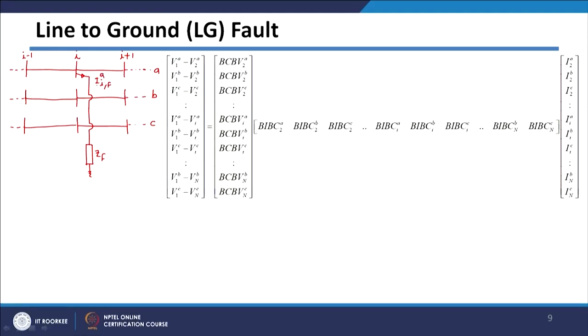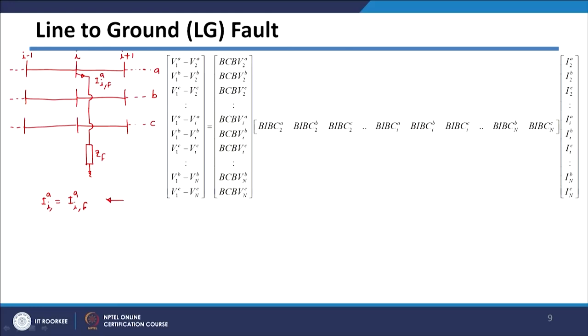So this is nothing but your load current in bus I of A phase. After the fault, the comma F represents a post fault quantity. So the post fault current of A phase of the ith bus will be given like this one.